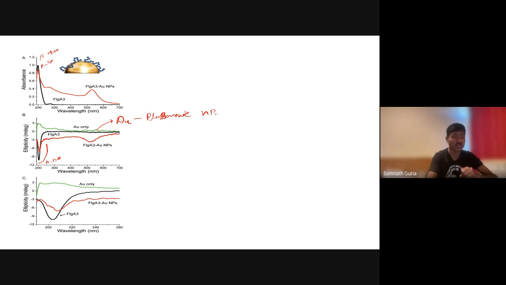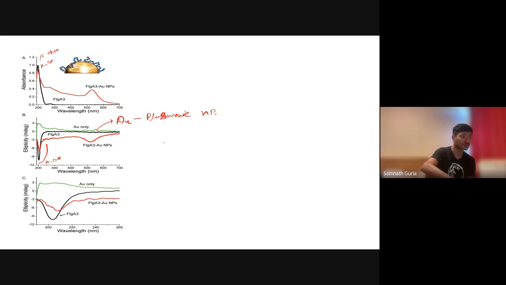They combine together, forming an induced chirality in the plasmonic gold nanoparticle, and that induced chirality is responsible for the CD activity in that 500 nanometer region.